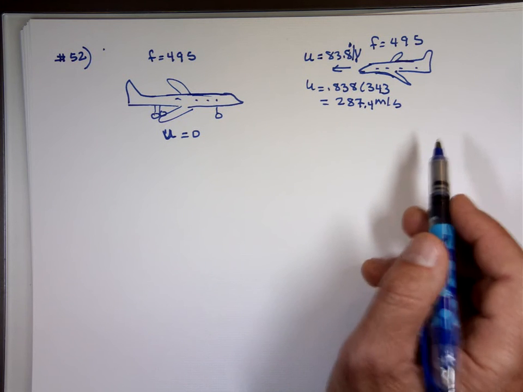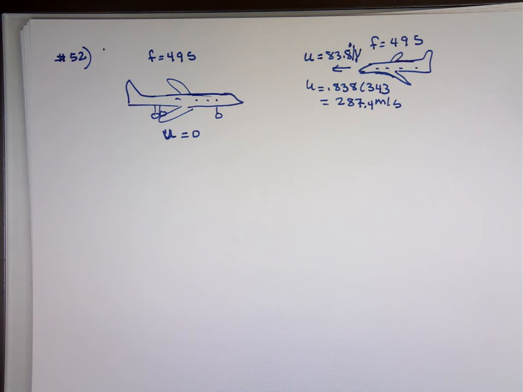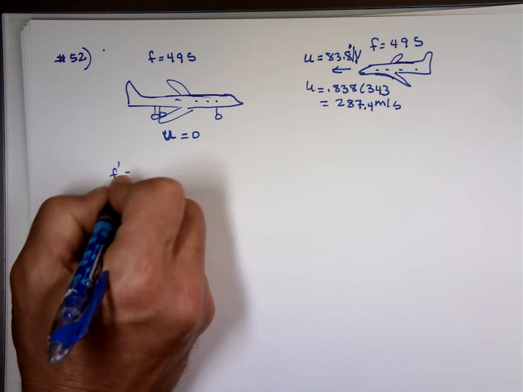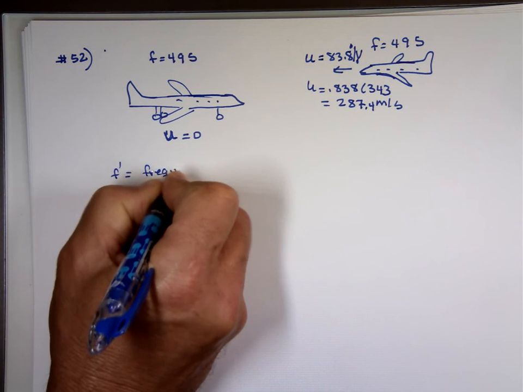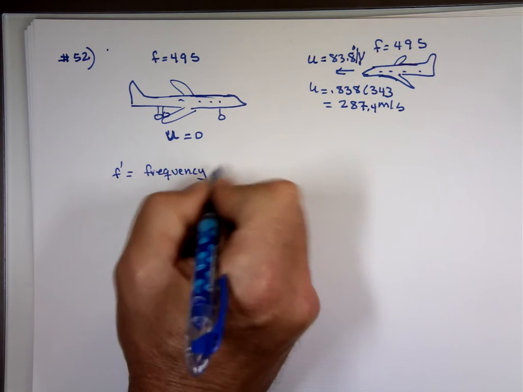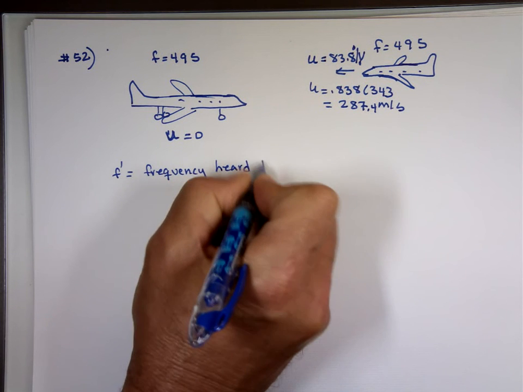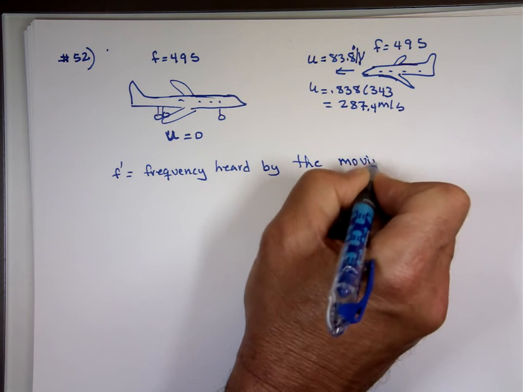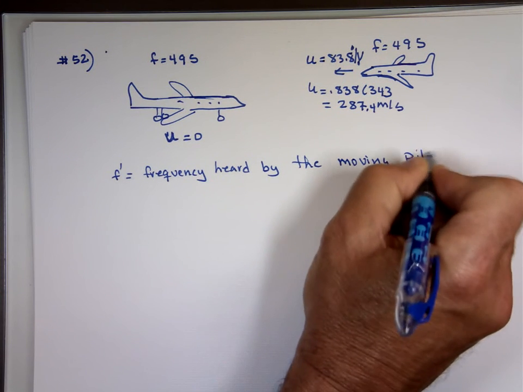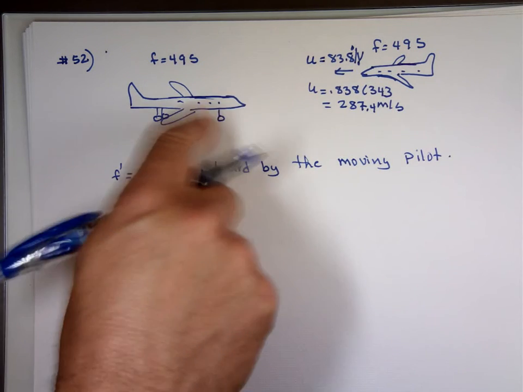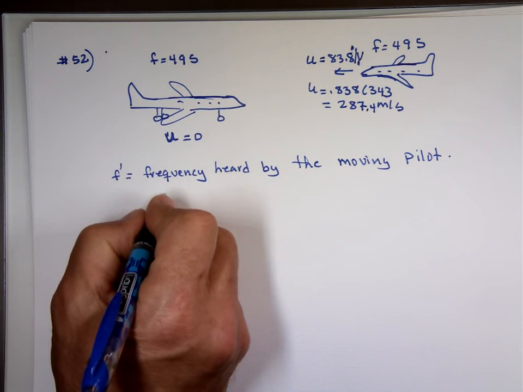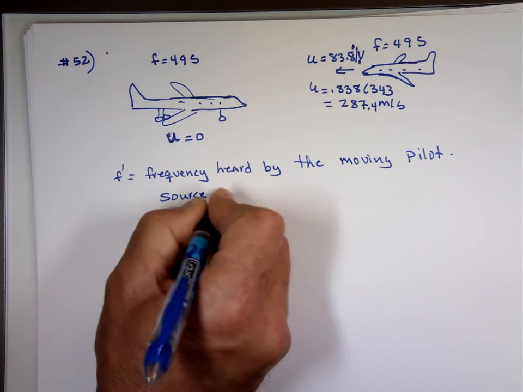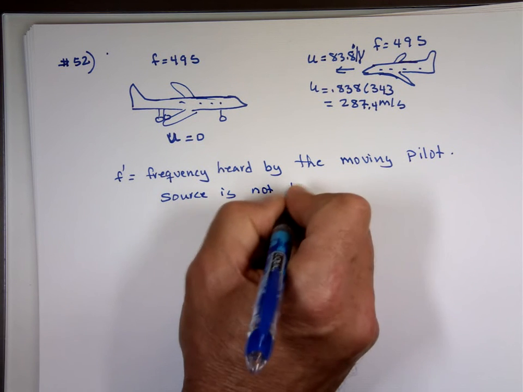Let's say with the moving pilot, f prime is the frequency heard by the moving pilot. So if the pilot is moving, he's listening to the engine from this one.